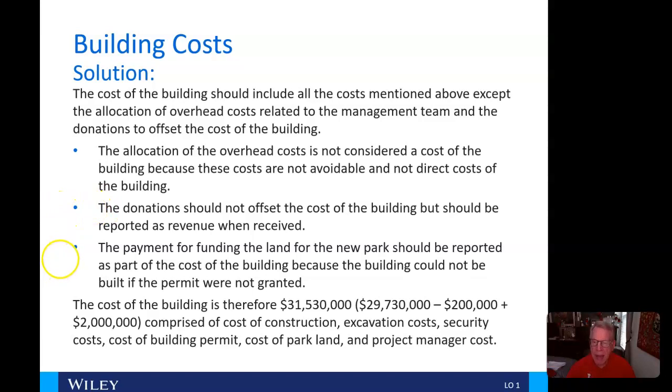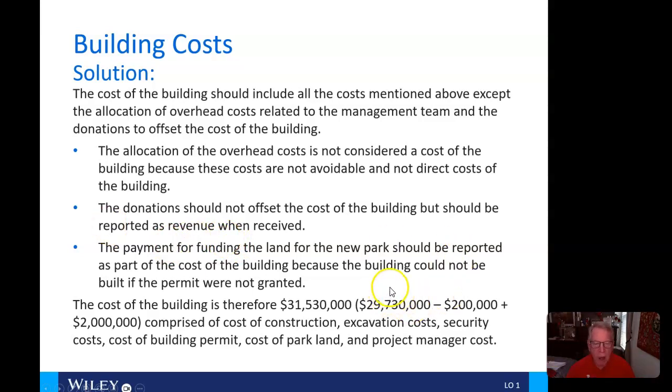And lastly, the payment for funding the land for the new park should be reported as part of the cost of the building because the building could not be built if the permit were not granted. Therefore, the cost of the building is $31,530,000.